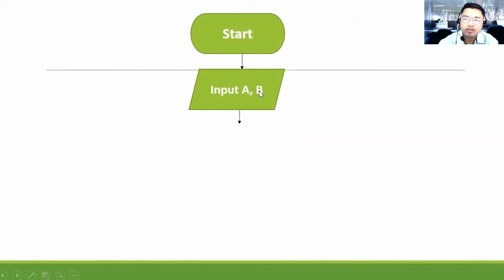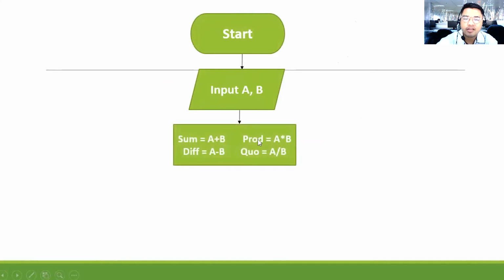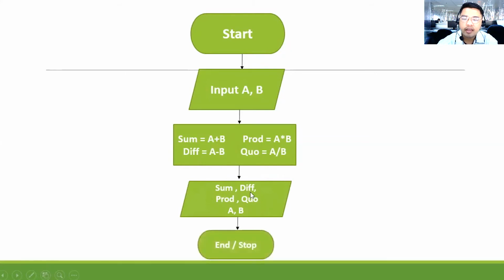Once we're done with our input, we'll proceed to the process, which is to get the sum of the two numbers, the difference, product, and quotient. After that, we will display the sum, difference, product, quotient, and the two numbers, A and B, or the result of the process. Then it ends with a terminator.